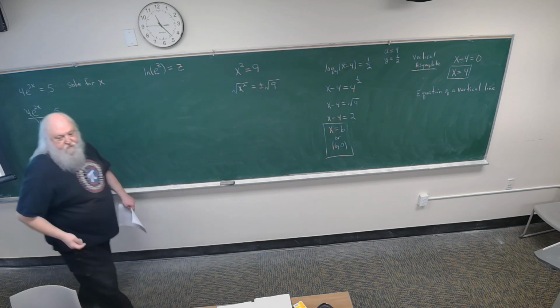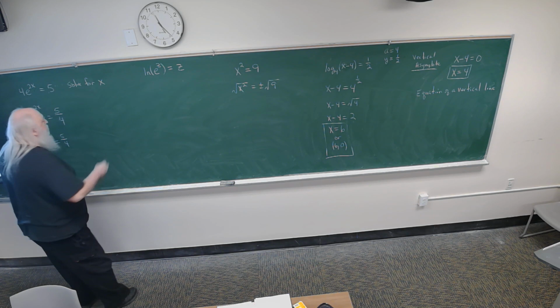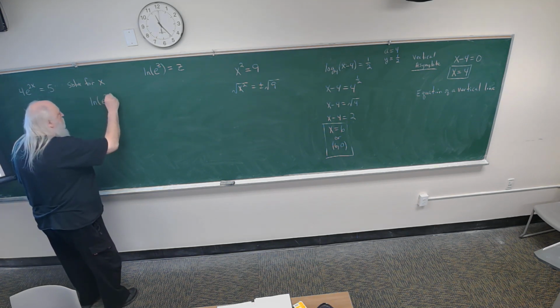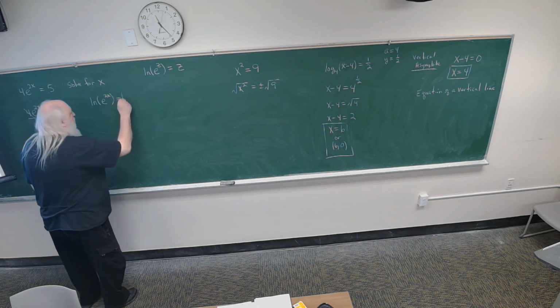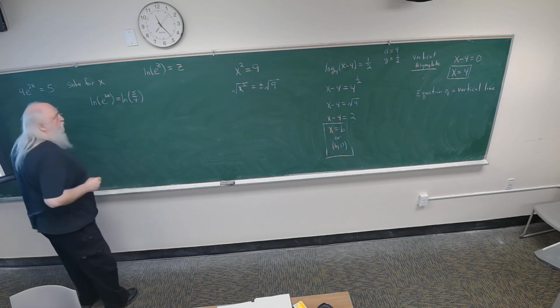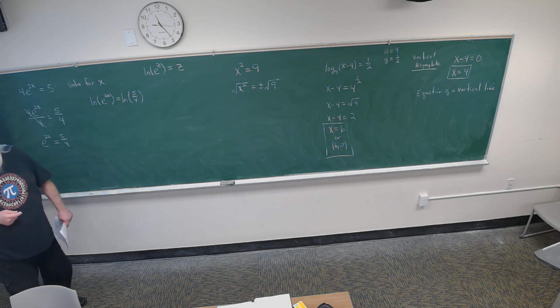Well, similarly, we can take the natural log of both sides, and make these two quantities arguments inside the natural log function. So we have the natural log of e to the 2x is equal to the natural log of 5/4. Okay? So taking the natural log of both sides is analogous to taking the square root of both sides of an equation.